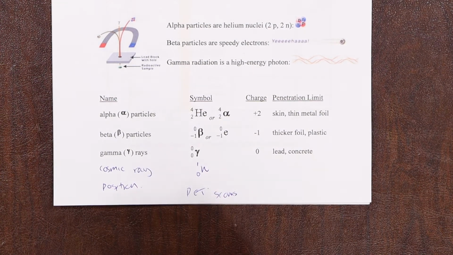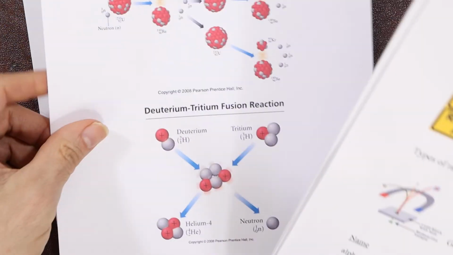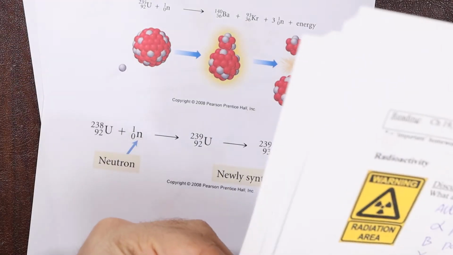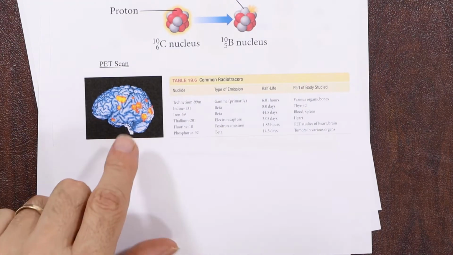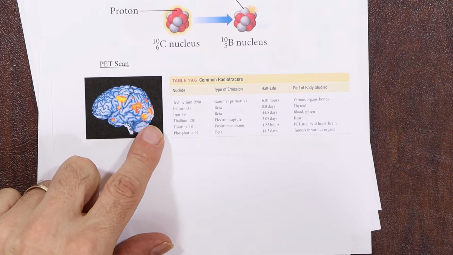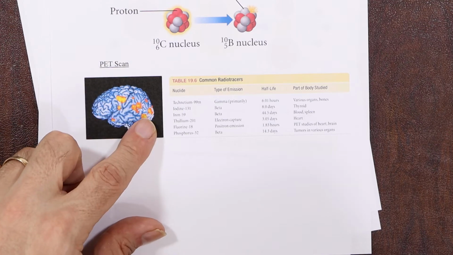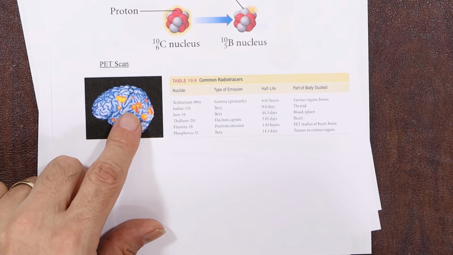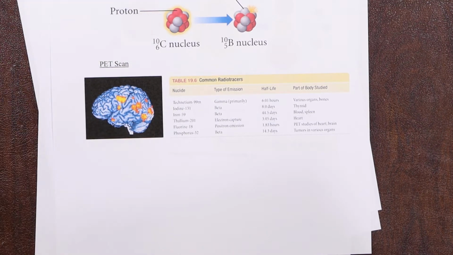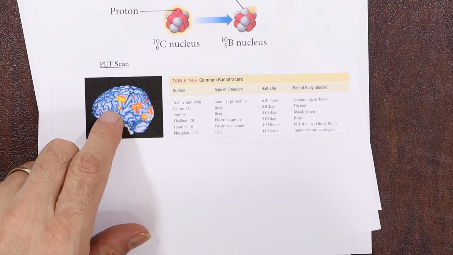And if you look in the back of the packet, I think I've got a picture. We can find it. Yeah, there's a PET scan, right? So a PET scan is much better than an MRI because it shows living tissue, right? So sugar is radioactively labeled with a positron emitter, the sugar is taken up by active cells, and cancer cells are more metabolically active than regular cells, and you can see tumors and things.